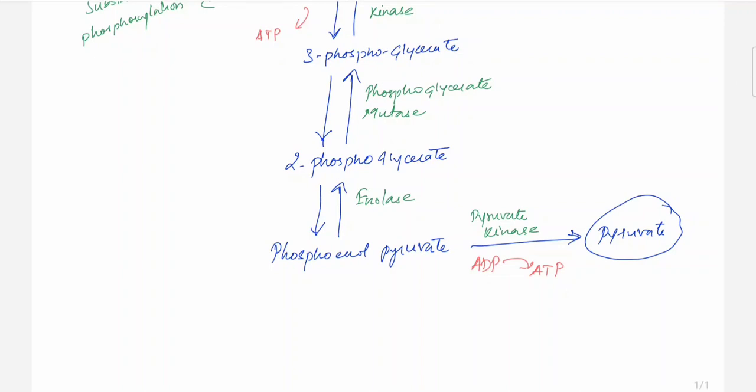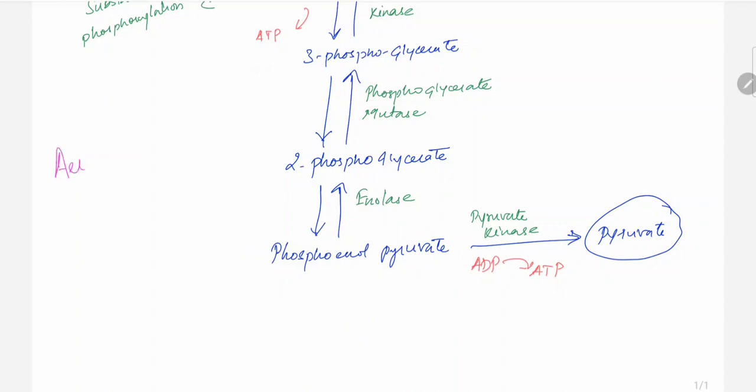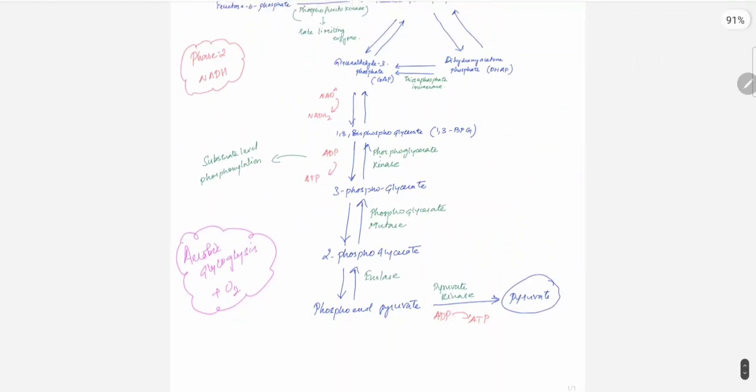So this process is called aerobic glycolysis, where the reaction happens in the presence of oxygen, right? The reaction happens in the presence of oxygen. So this is called aerobic glycolysis.